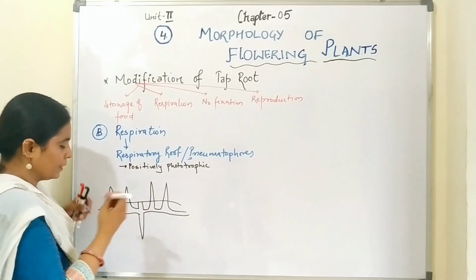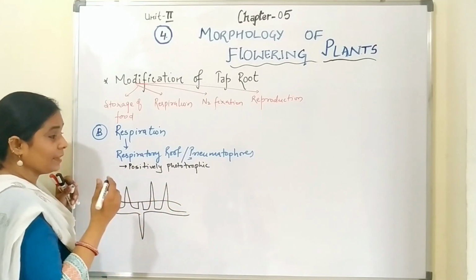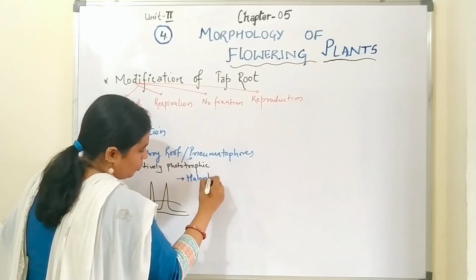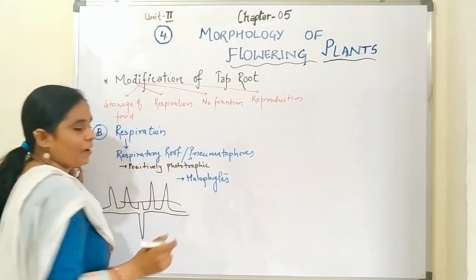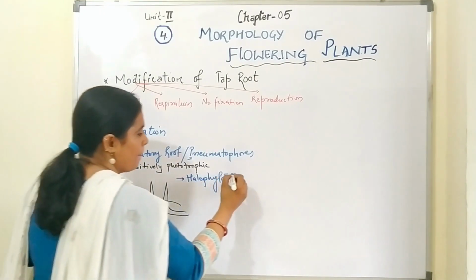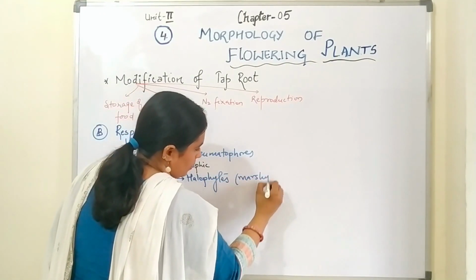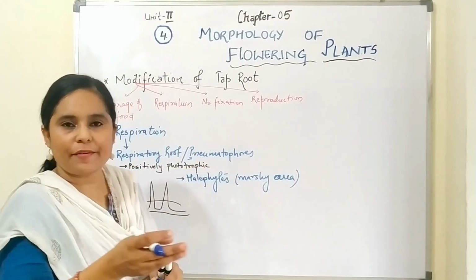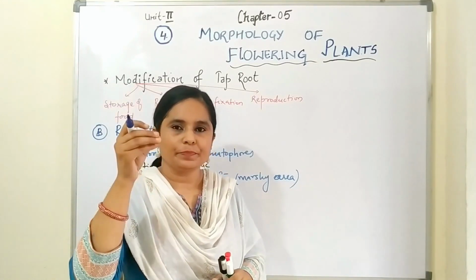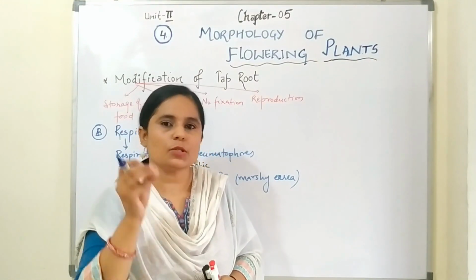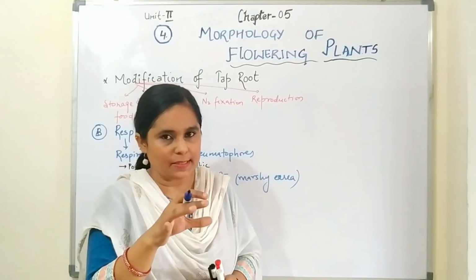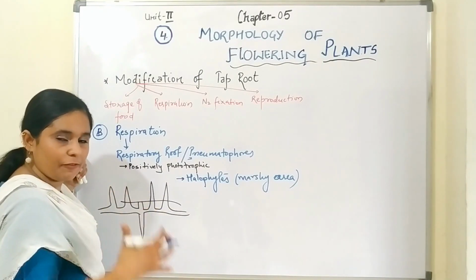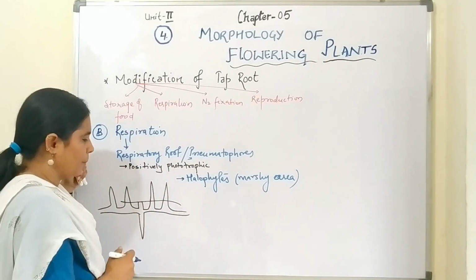Because these kinds of roots you will find in plants which are halophytes. I told you in my previous lecture, halophytes are those plants which grow in marshy areas. In general, in terrestrial areas, between the soil particles there is air present, so the root can take up the air from the space between the soil particles.